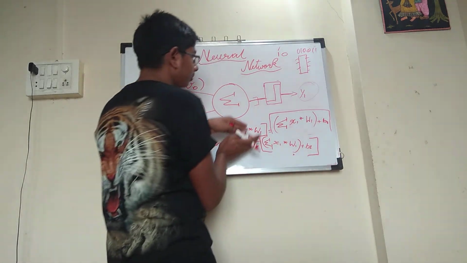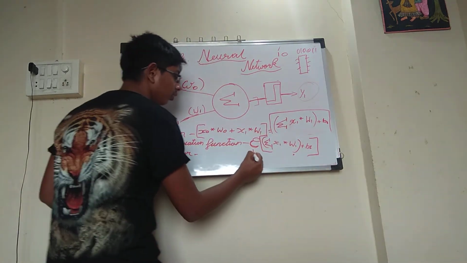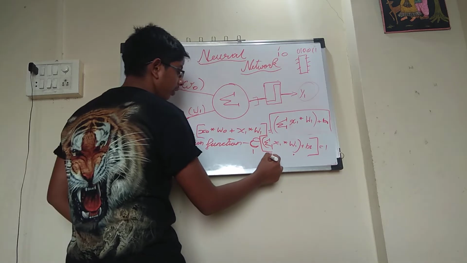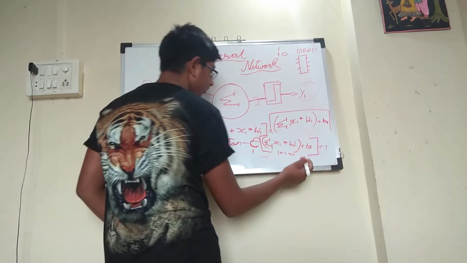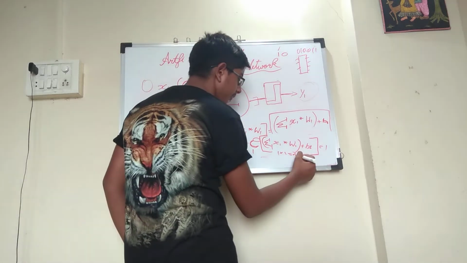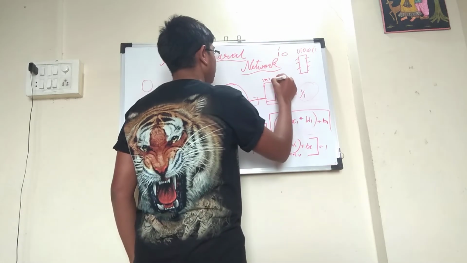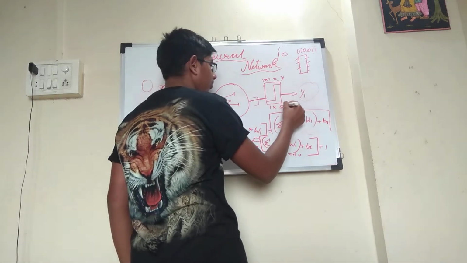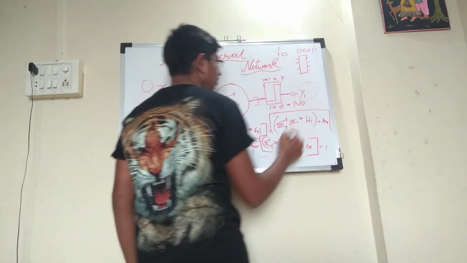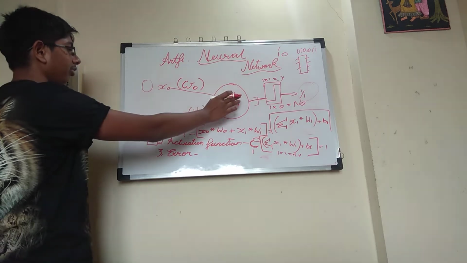So activation function multiplied by 1: if this is 1, the answer is 1. 1 into 1 will always give me 1, so that means yes. But 1 times 0 will give me no. That's how the activation function works.